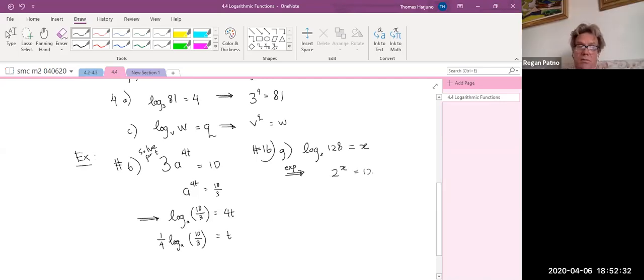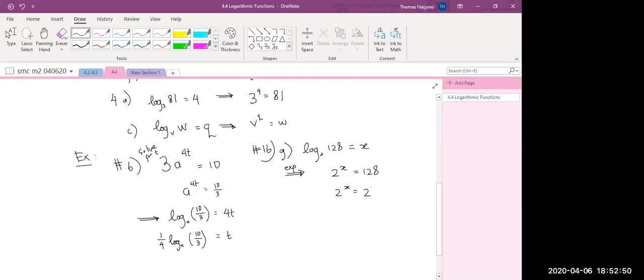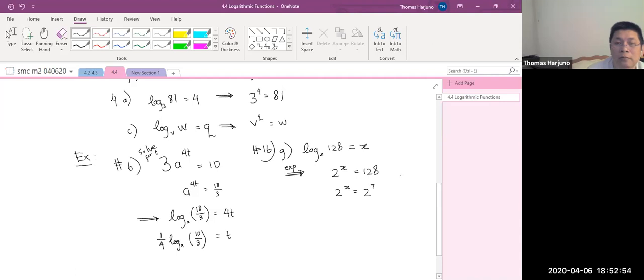Now then we will rewrite that 128 into 2 to some power. I think 2 to the 7th. 2 to the 5th is 32, 2 to the 6th is 64, 2 to the 7th is 128, right?